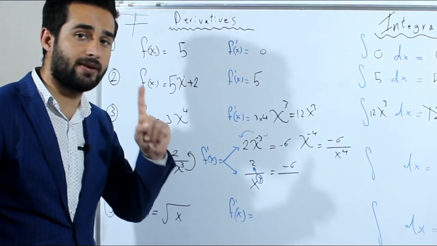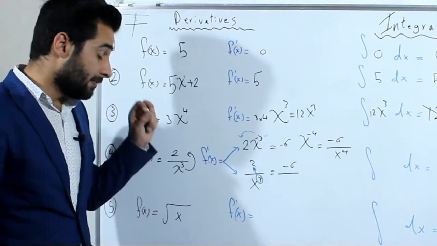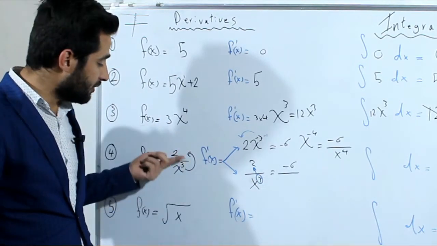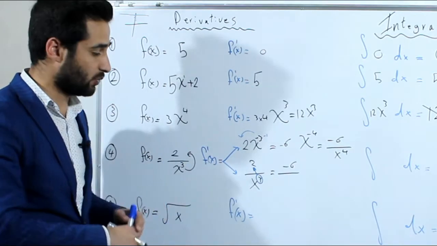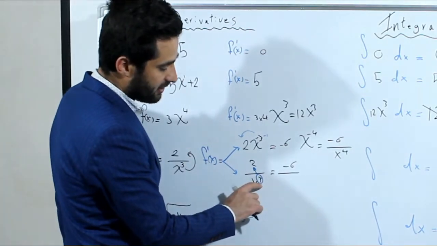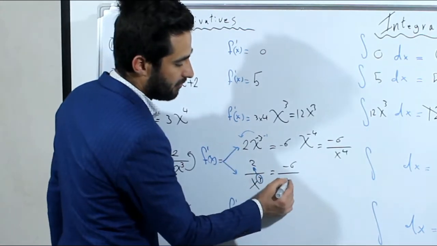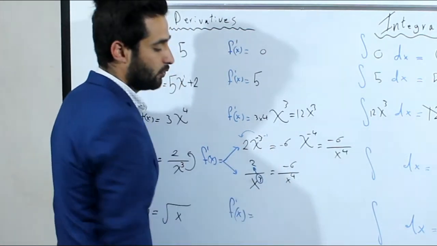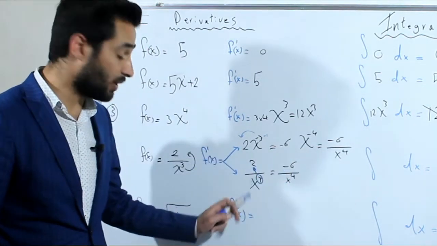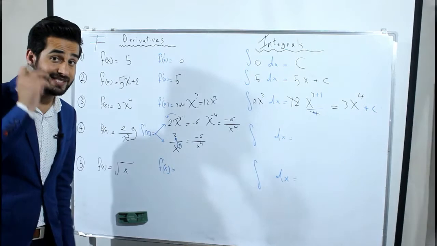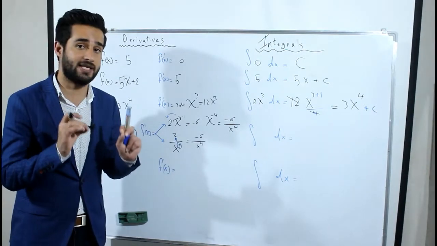Okay? But here, because the power is in the denominator, the opposite of minus 1 is plus 1. So instead of reducing 3, increase 3 by one more degree, it becomes x to the power of 4, and they are the same. If you use this way and understand it, it will be so easy.